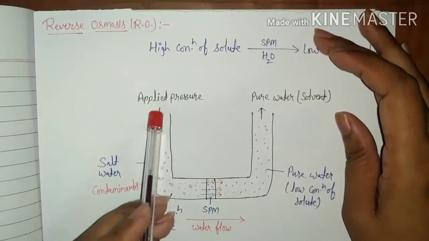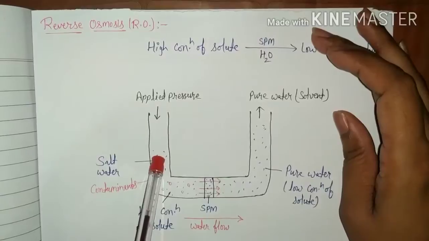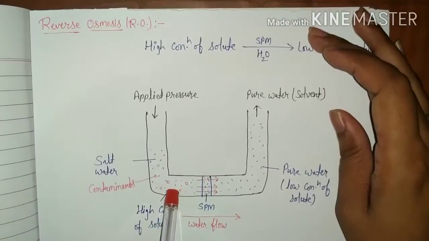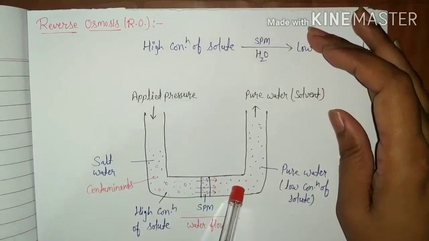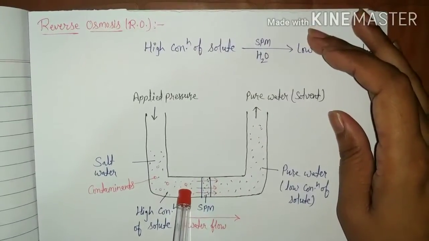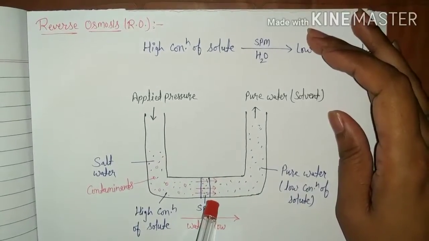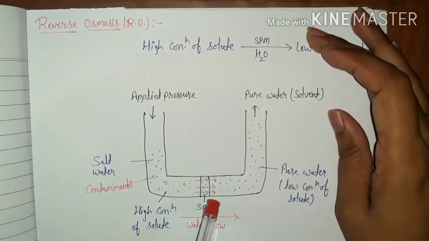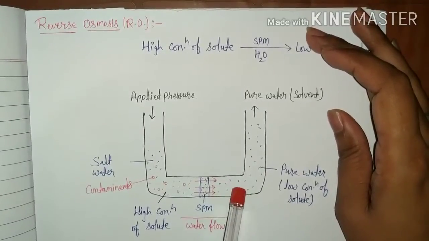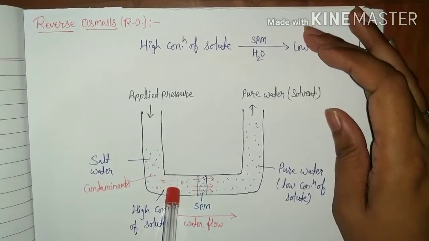When an applied pressure is used to overcome osmotic pressure, there is movement of water from high concentration to low concentration. It is just the opposite direction of the osmosis process, because in normal osmosis, the solvent and water molecules naturally move from an area of low solute concentration to high concentration through the SPM.